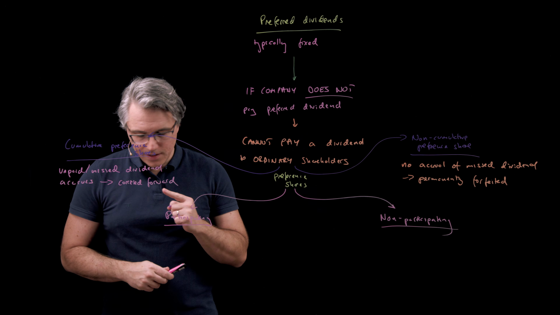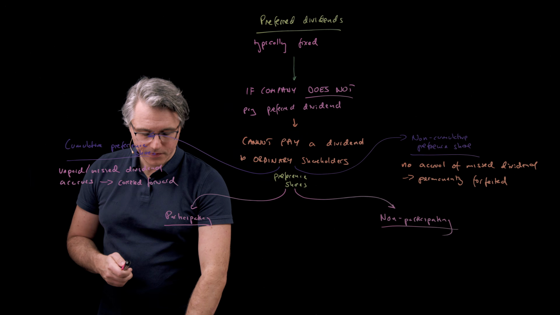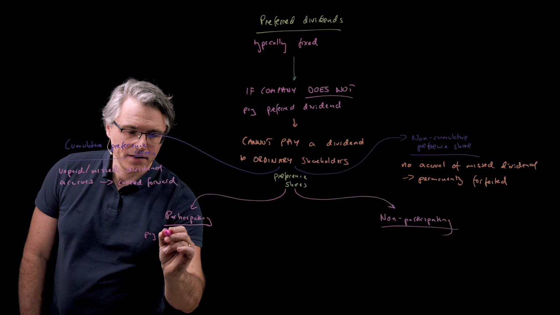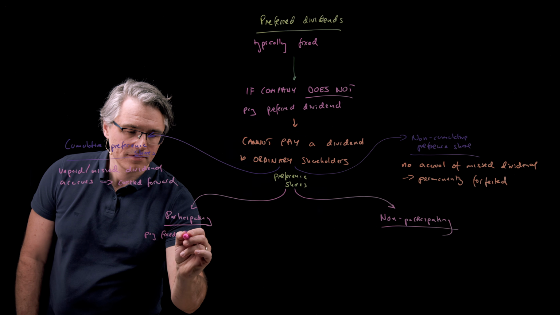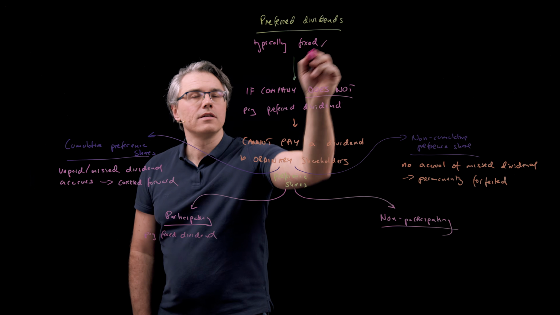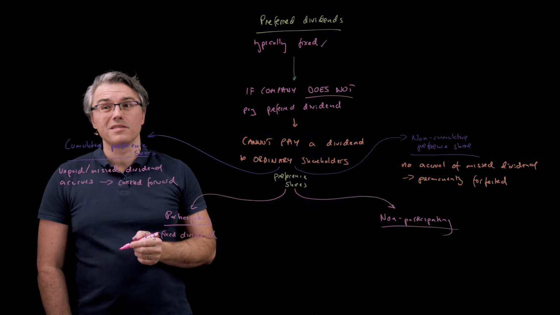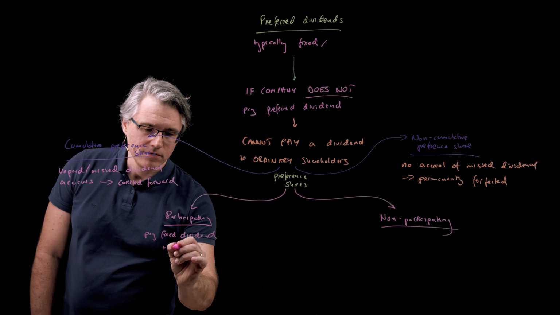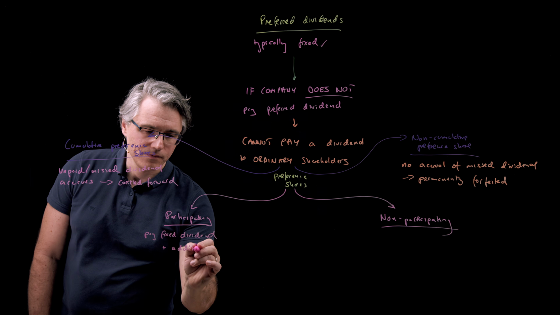So let's start with the participating ones. These types of shares definitely pay the fixed dividend. So they offer the typical fixed dividend associated with preferred shares. But on top of that fixed dividend, they also offer something additional.